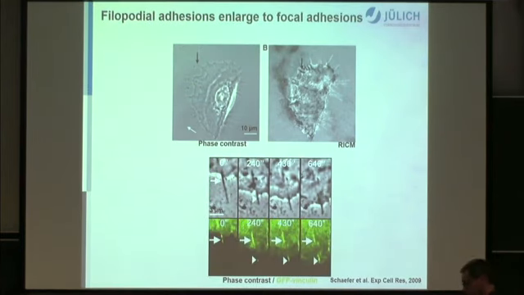Because the first adhesion I mentioned before, where you have all those proteins, simply is already existing in the filopodia and just becomes enlarged, forming a real focal adhesion as soon as the leading edge overgrows the filopodial actin bundle.